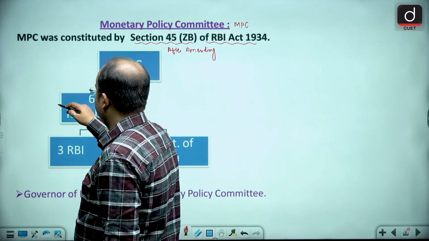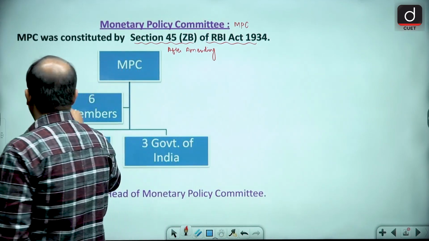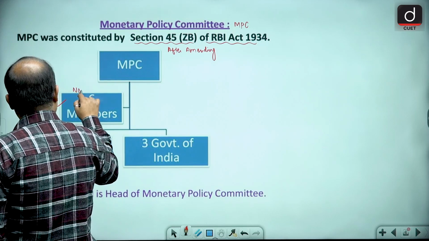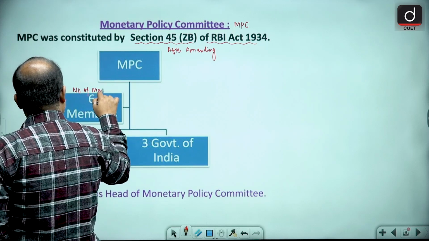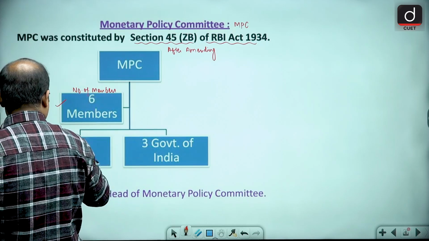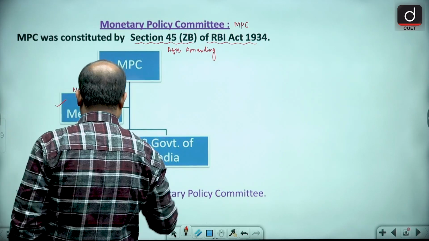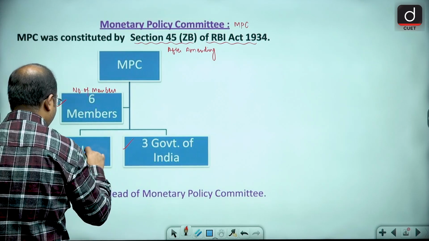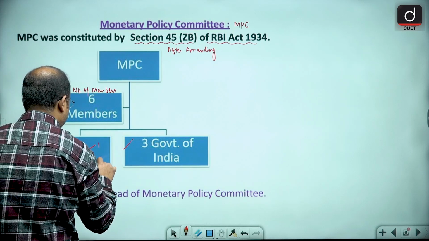And the number of members in Monetary Policy Committee is 6, 3 from RBI and 3 from Government of India. Actually these RBI members are 1 plus 2.